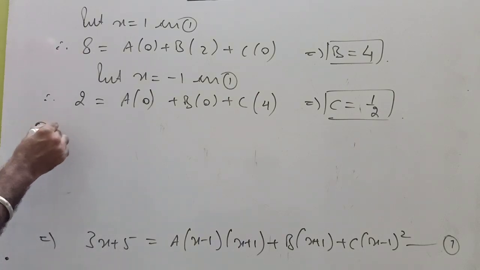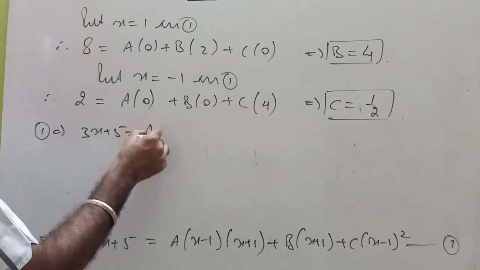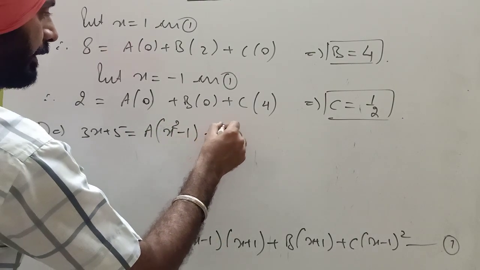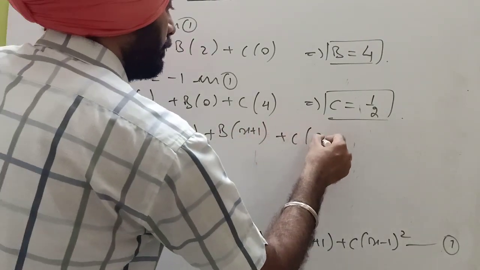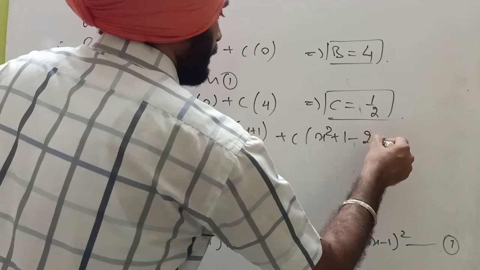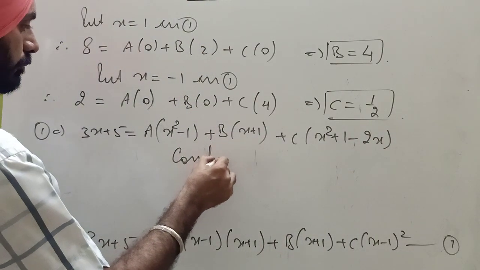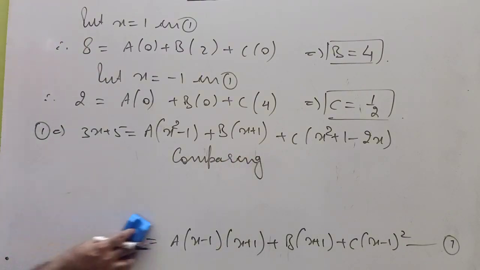Now number 1 becomes 3x plus 5. Open the brackets: a into x square minus 1, plus b into x plus 1, plus c into x square plus 1 minus 2x. Comparing like powers. So by comparing, highest power is 2.